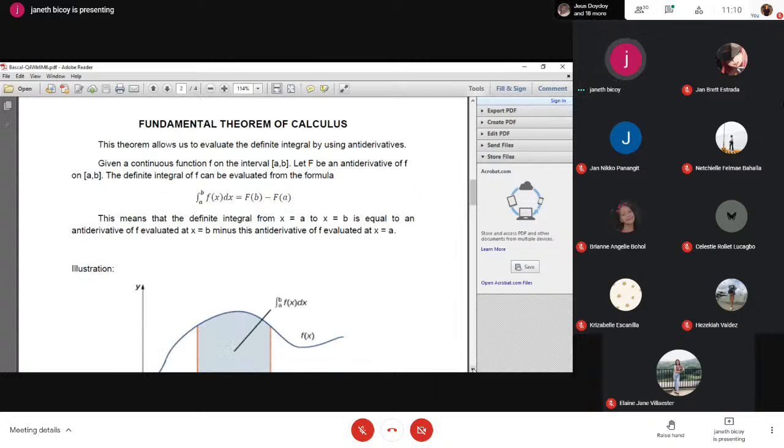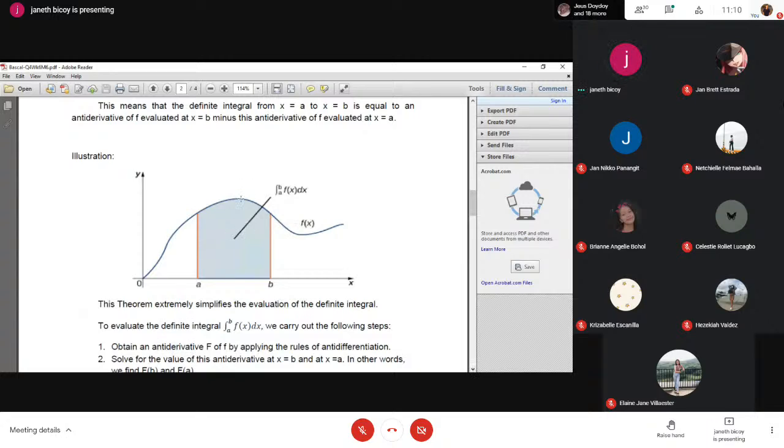Okay, that definite integral simply corresponds to an area bounded by these two, a and b. So ang definite integral just represents the area bounded by this curve and the vertical lines x equal to a and x is equal to b.